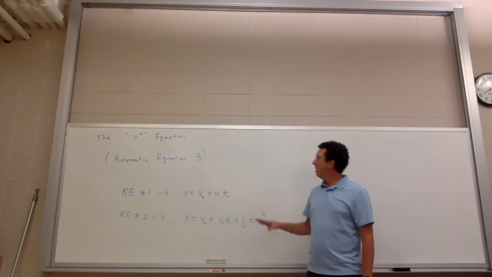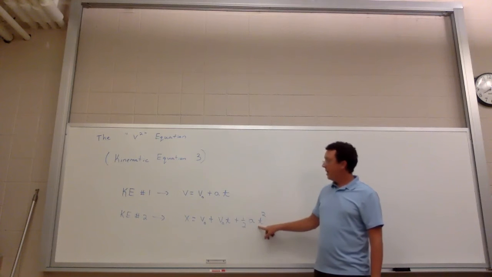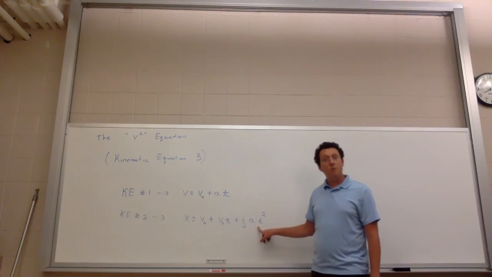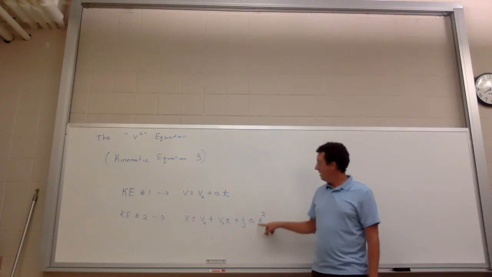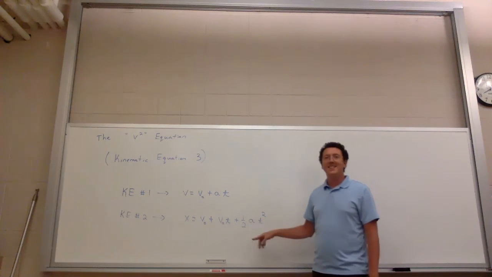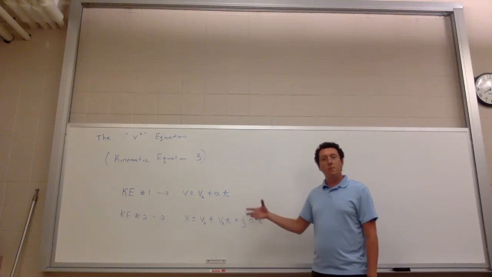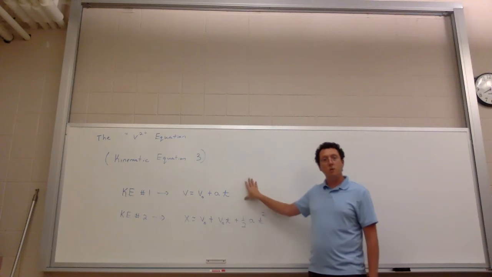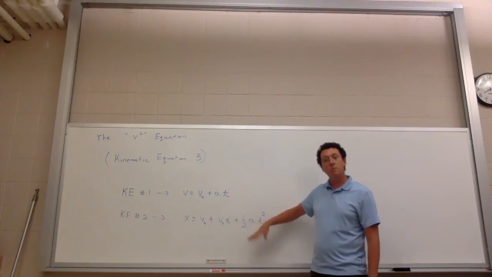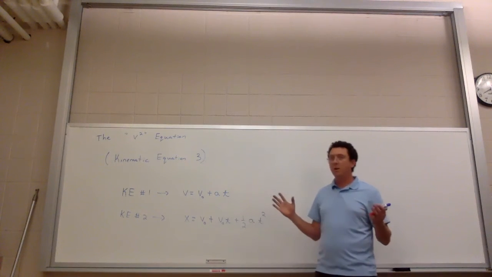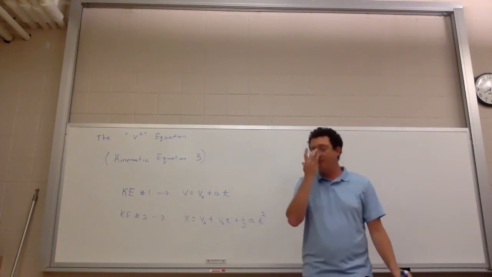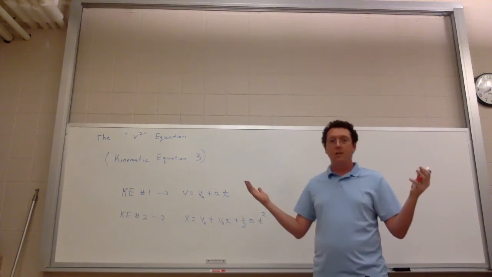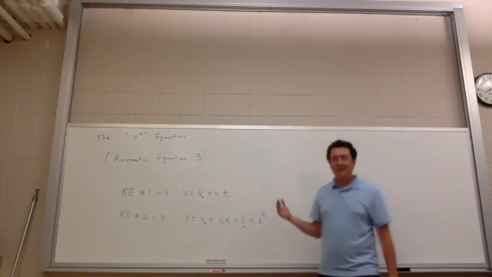Or we can start with kinematic equation 2, rewrite it using the quadratic equation, because it's a quadratic equation, to say t equals blah, blah, blah, and plug it into kinematic equation 1. So either you start with 1 and plug it into 2, or you start with 2 and plug it back into 1. But you're going to have to do some combination of those. Now, it doesn't matter. All roads lead to Rome.